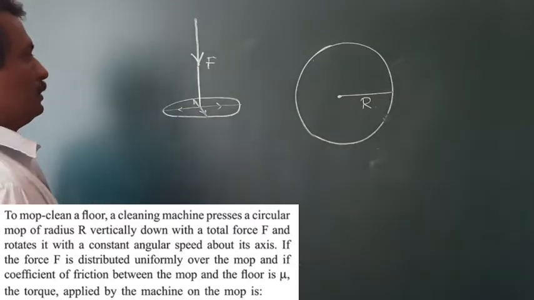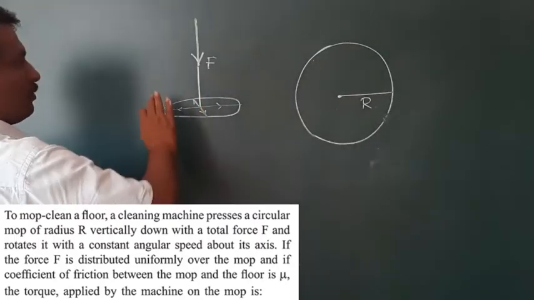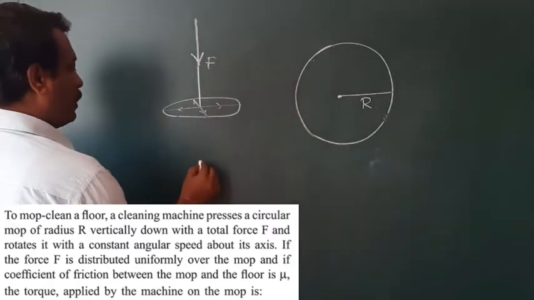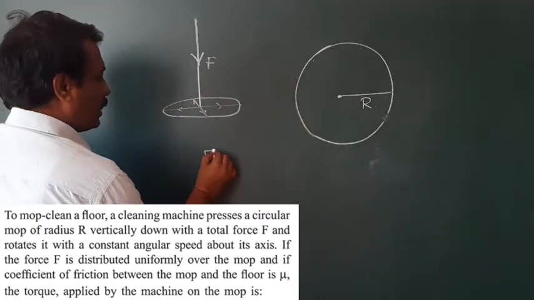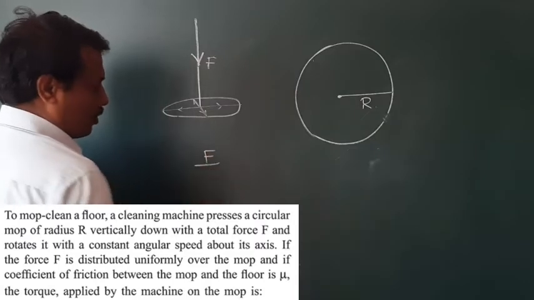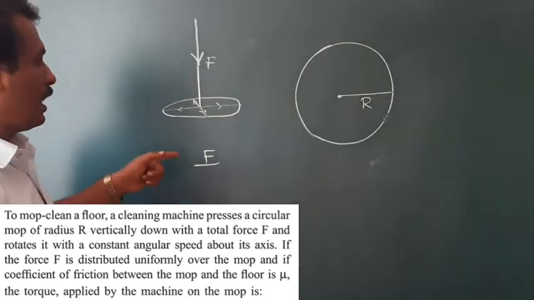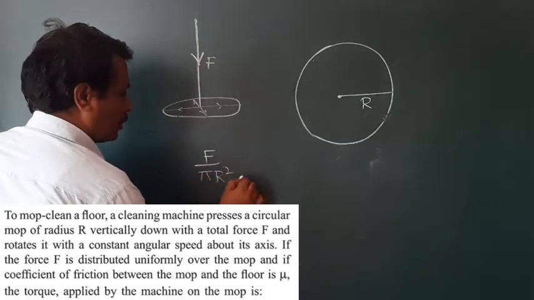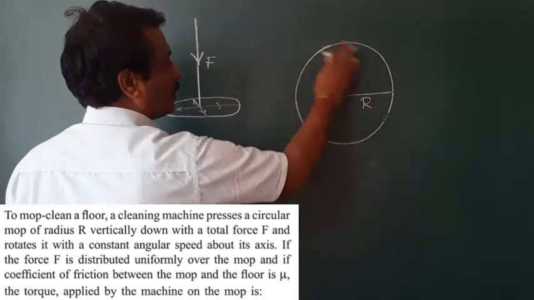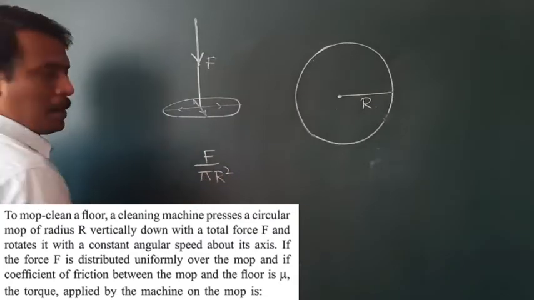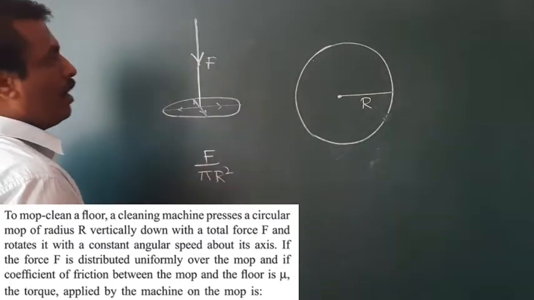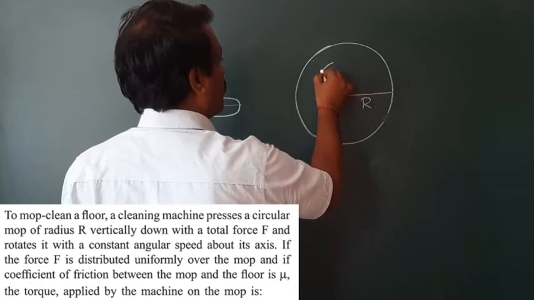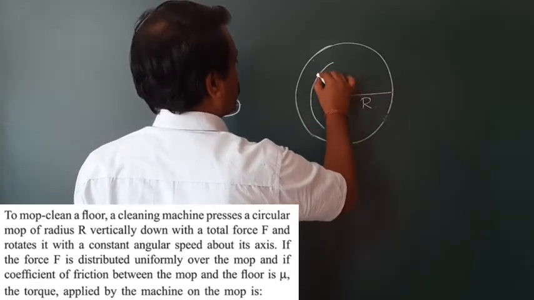Here it is given that the force applied is uniformly distributed over this mop. Therefore, the force acting per unit area can be written as F divided by pi r square, because the area of the circular mop is pi r square. Now I will consider a small strip of this circular mop.